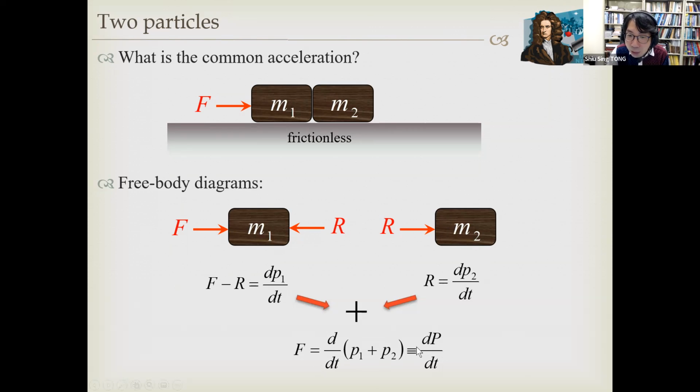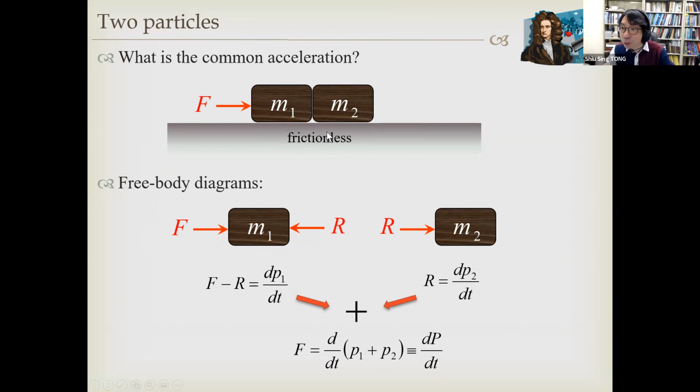Newton's second law now applies not only to a single body, but to two interacting bodies. And no matter how the two bodies interact, the internal force will always cancel. This R will always cancel with this R, right? Now I have this particular example of pushing the two blocks, but you can imagine they do not interact in this way.